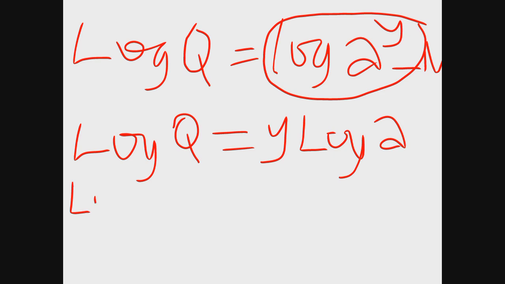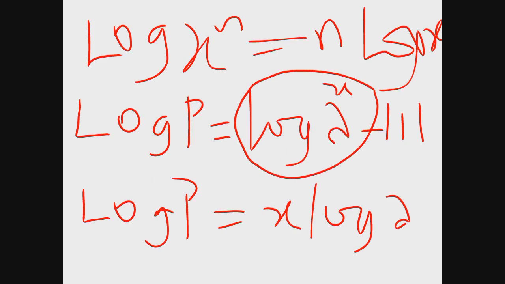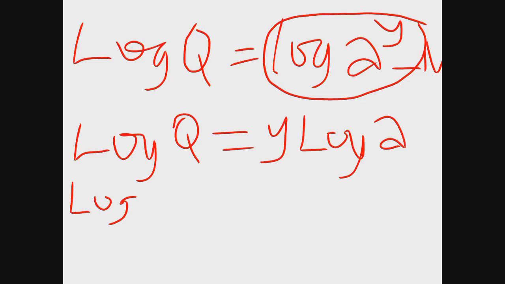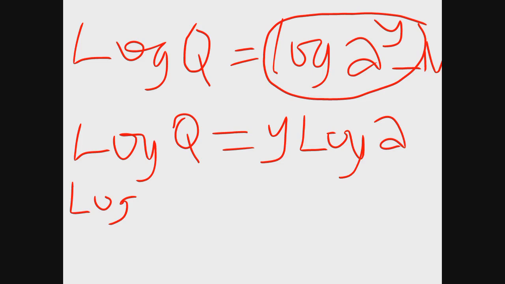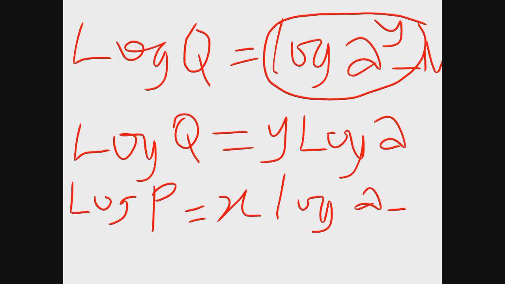So we want to get the derivative of equation 3, which is log p equals x log a, and we call this equation 5.